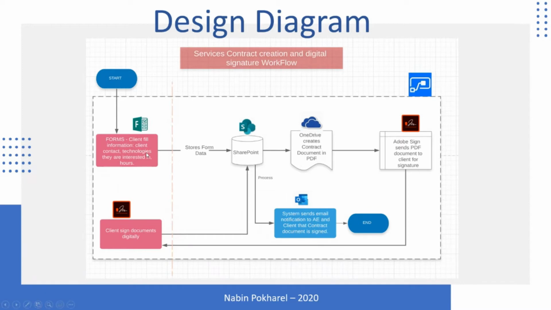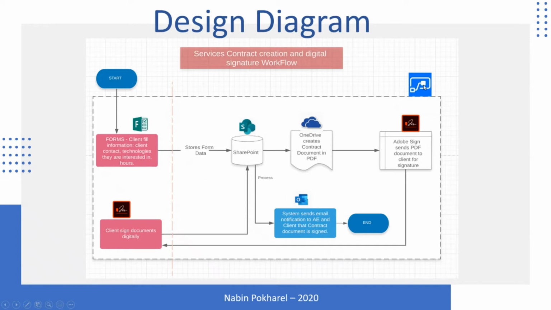Then the data will be stored in SharePoint. SharePoint is basically the repository over here. If we see the logo on top of each action, the respective technology's logo is there. This is for Forms, this is for SharePoint, another for OneDrive, Adobe Sign over here, and Outlook over here.